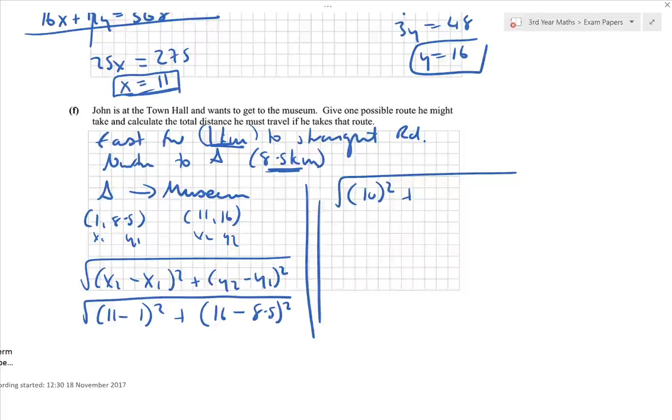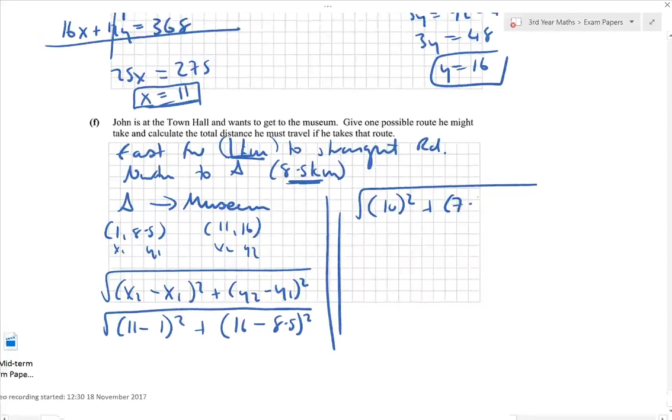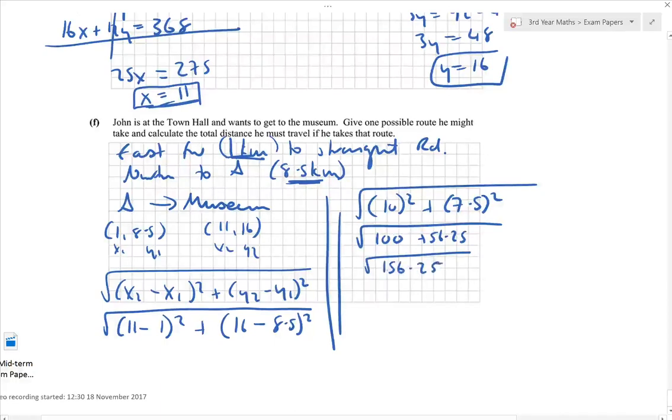So we know 10 squared is 100, and we know 7.5 squared is 56.25. So that is 156.25, and the square root of 156.25 gives me 12.5 kilometers.